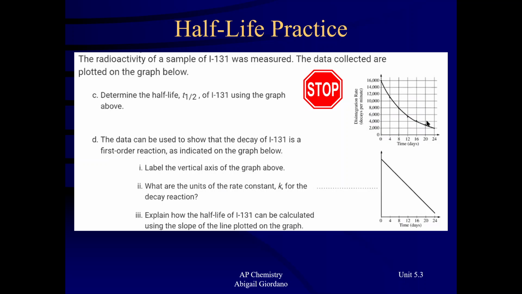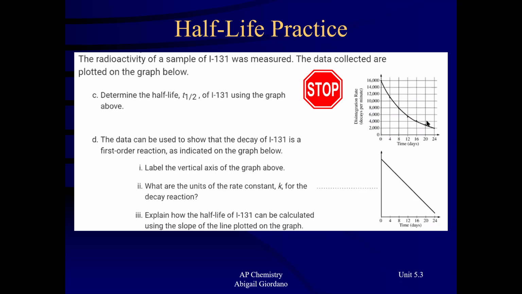The first question, part C, we're starting with C, says, determine the half-life of iodine-131 using the graph. And again, what is the definitive half-life? It's the length of time it takes for that initial amount to be cut in half.